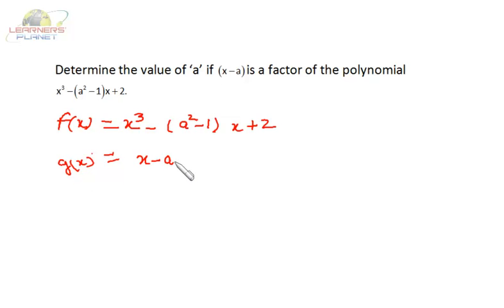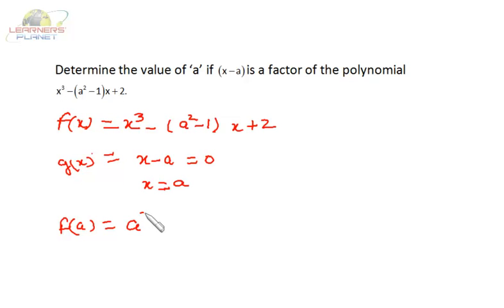So first of all equate it to 0. So we get x is equal to a. If x minus a is a factor of f(x), that is x cube minus a square minus 1 x plus 2, then f of a will be 0. So let's calculate f of a. Let's put the value of x as a in this expression.